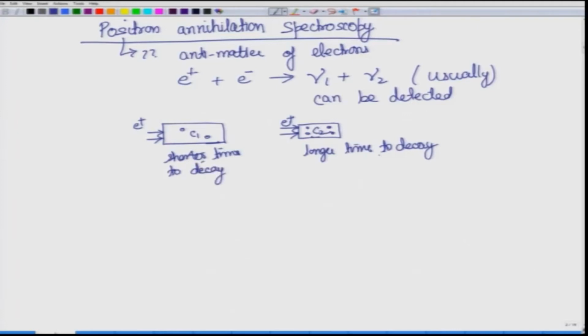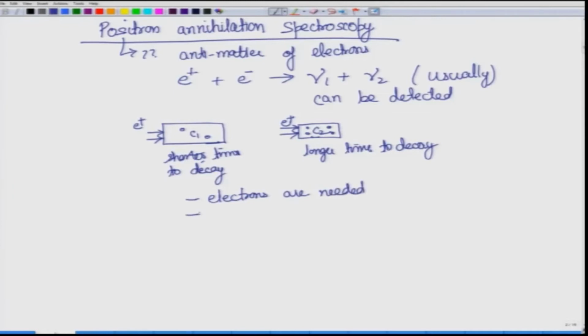So, by measuring this difference, by measuring the time that it takes to decay, one can find out what the defect concentration will be. We will see in a little bit more detail. Okay, so, what are the things that are needed for positron to get trapped, or basically even before that trapping, for the positron to get annihilated, what you need is electrons.